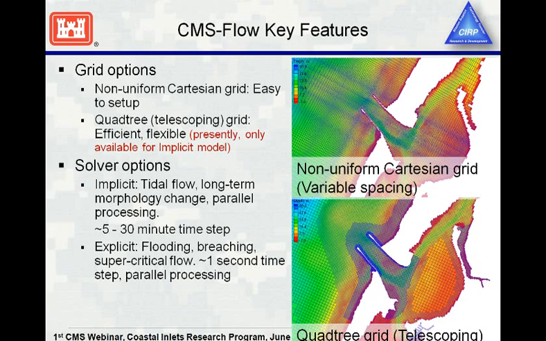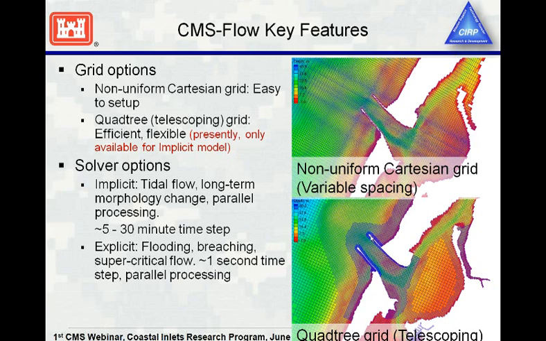So you would end up with very small cells in deep water, which caused a little bit of a problem and extra calculations that had to be taken into consideration. So in recent years, we've also added in a new way to do this called the quad tree grid. It's sometimes called telescoping grids.